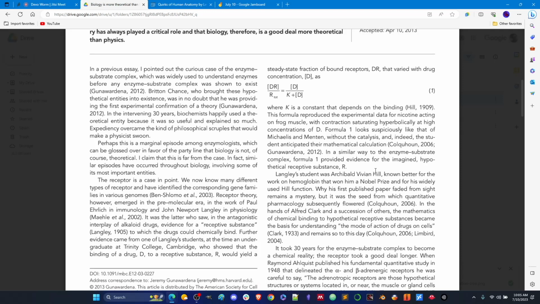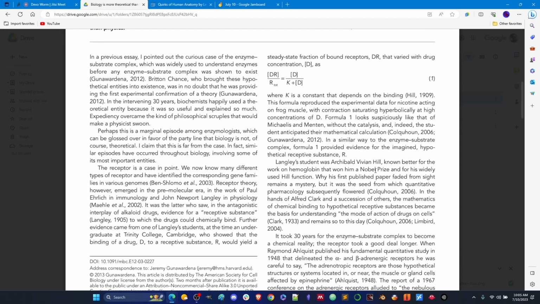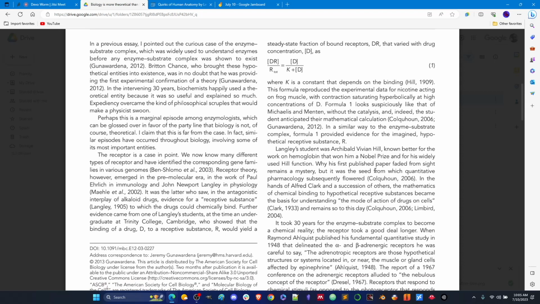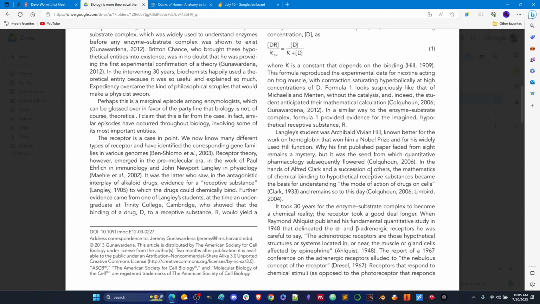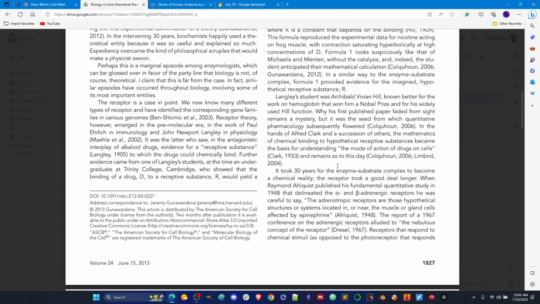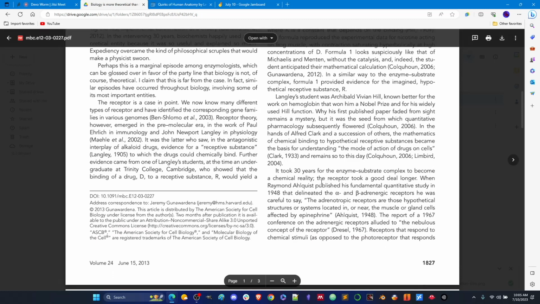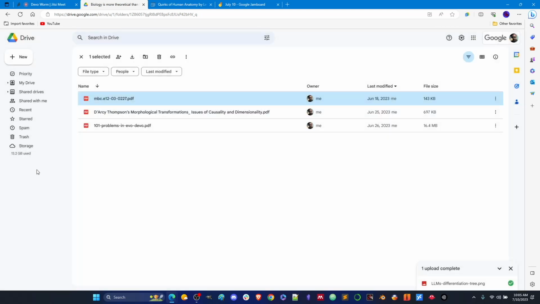And this is something that had to be experimentally verified, but you build this model and then you eventually realize it. And so, it took 30 years for the enzyme substrate complex to become a chemical reality. The receptor took a good deal longer. So this is all thinking about theory and how you realize it in data.